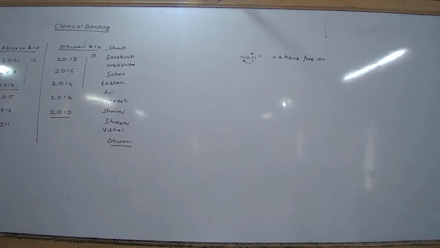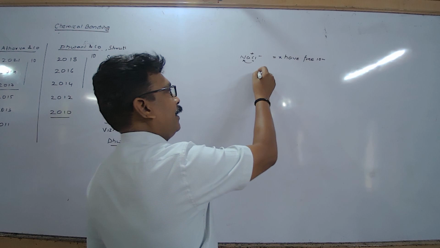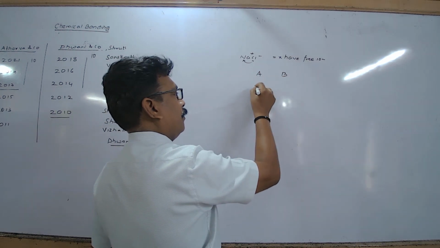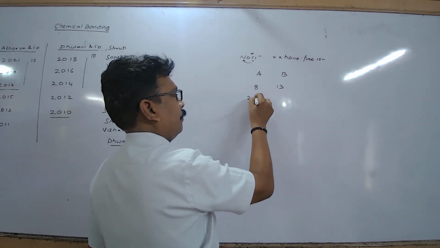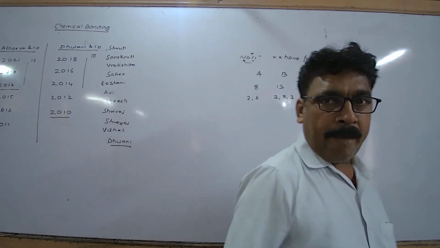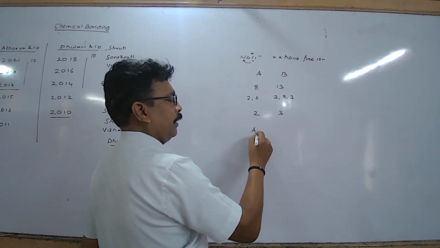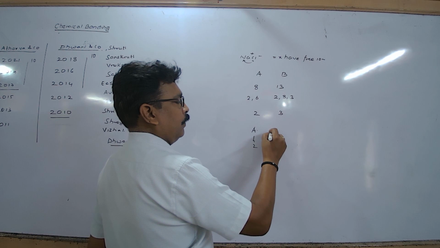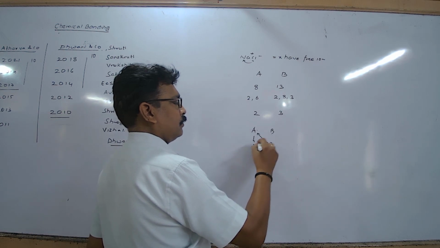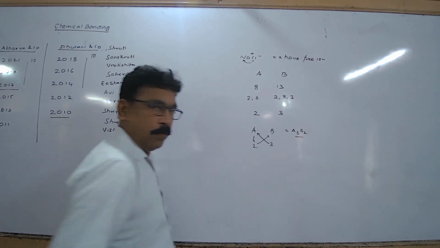2020-21. Elements A and B have electronic configuration 8 and 13. The chemical formula formed between A and B will be क्या हो जाएगा? A की वैलेंसी 2 हो जाएगी और B की वैलेंसी 3. So that means A valency 2, B valency 3, criss cross. A3 B2. क्या आंसर है?